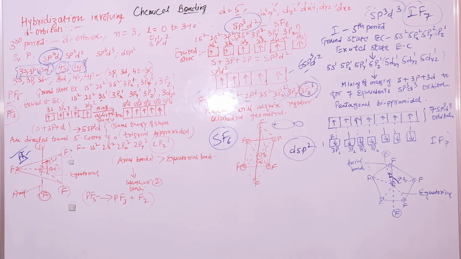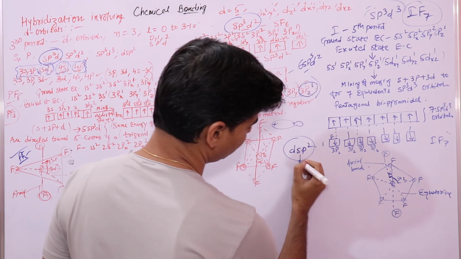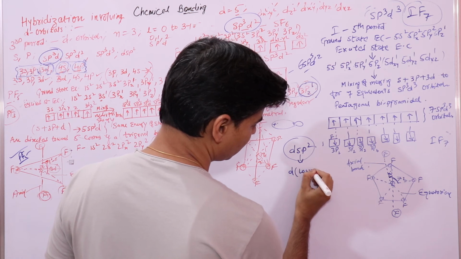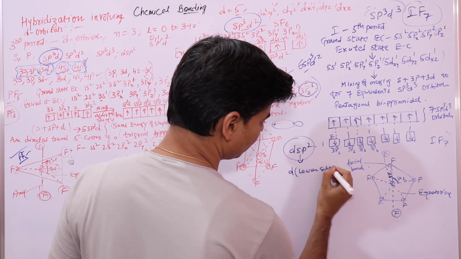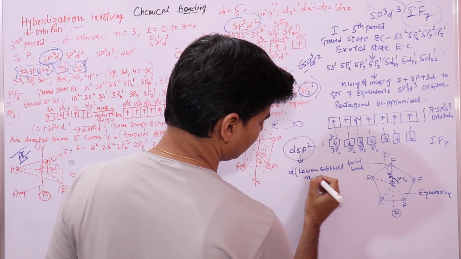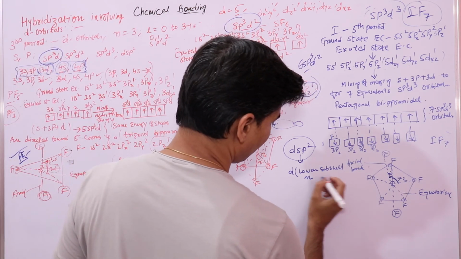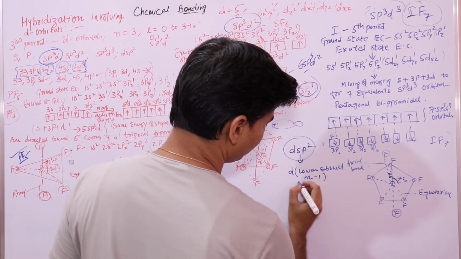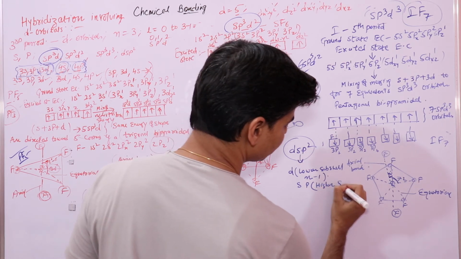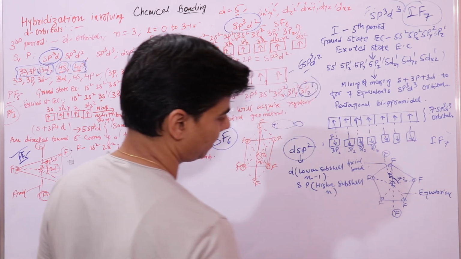Just a little about this, and the rest we will do in coordination chemistry. The important thing about this is that you have d of lower subshell, n-1, and s and p of higher subshell, n.